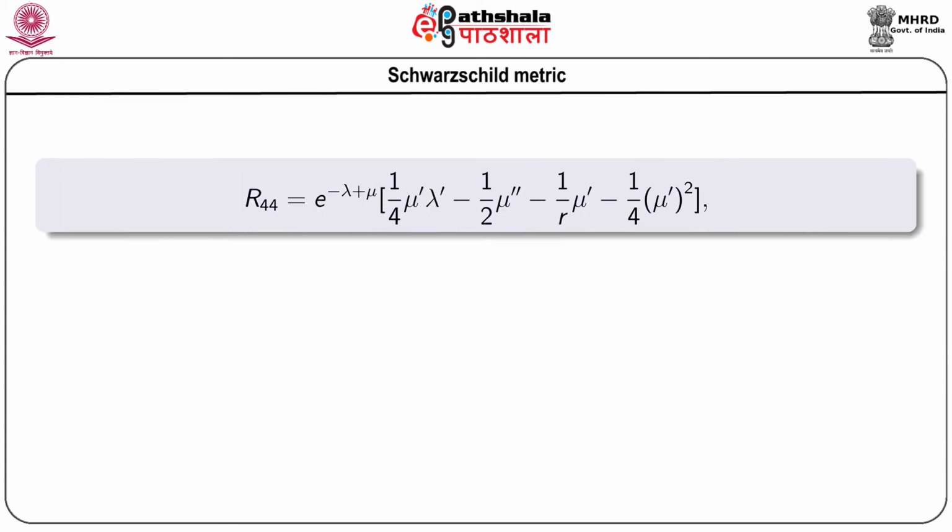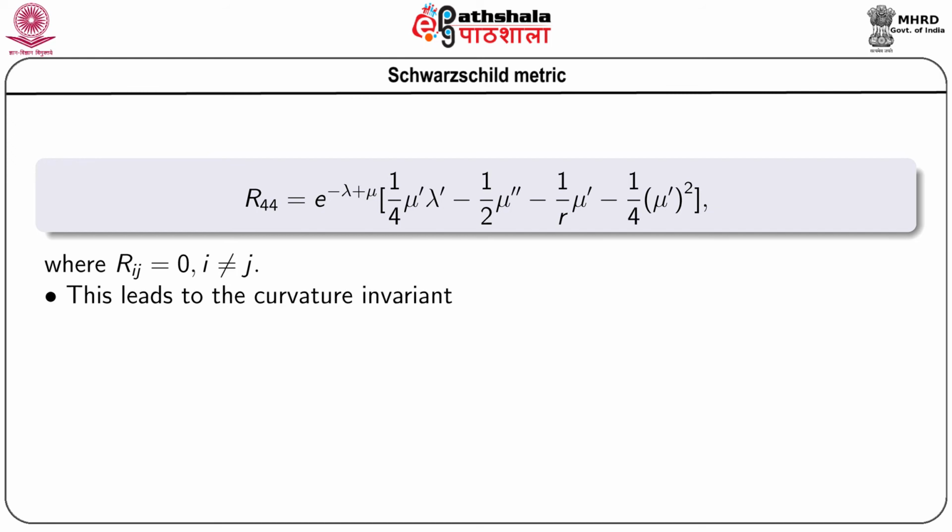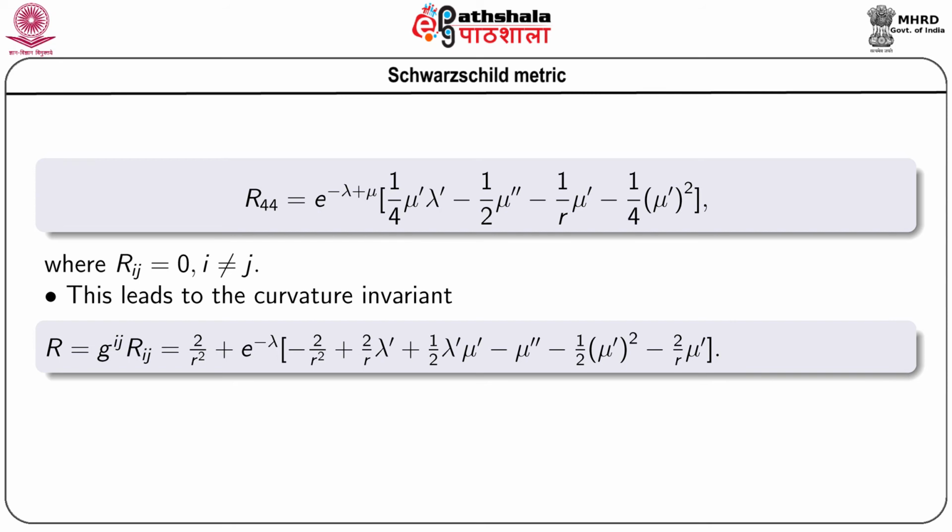R44 has this expression, that is equal to e^(−λ+μ) and within the third bracket this expression, and other Rij's are 0 for i not equal to j. And with these components of Rij's, we have the curvature invariant, that is R equals to g^ij Rij.